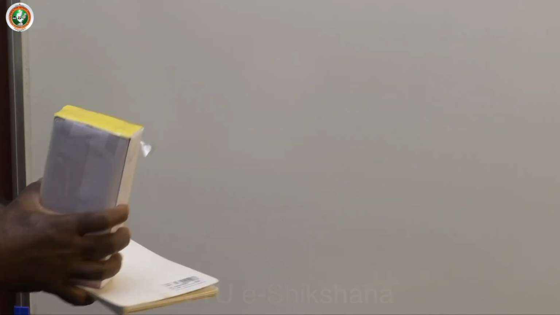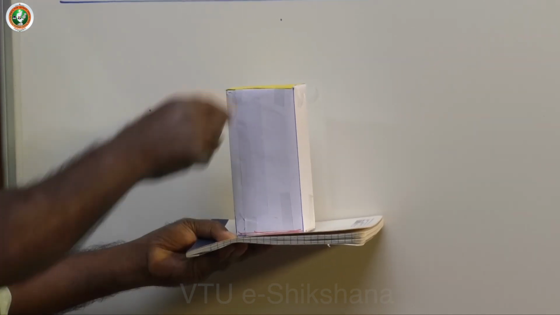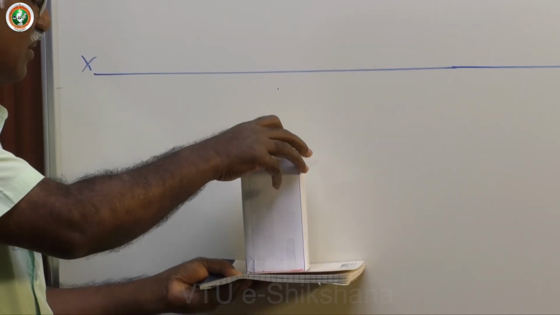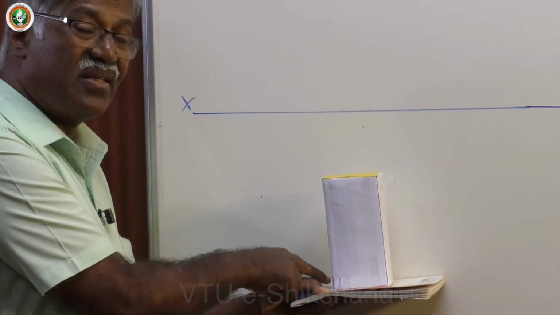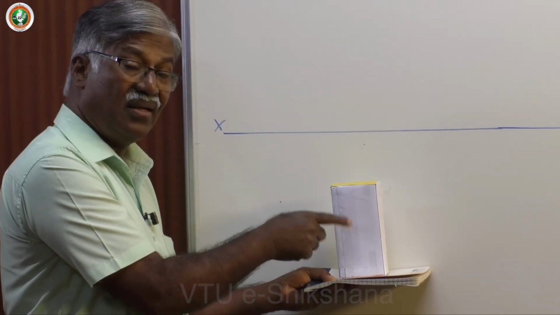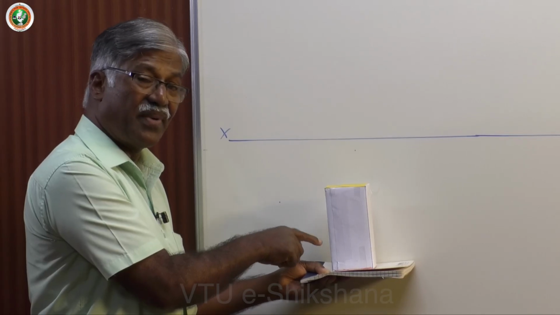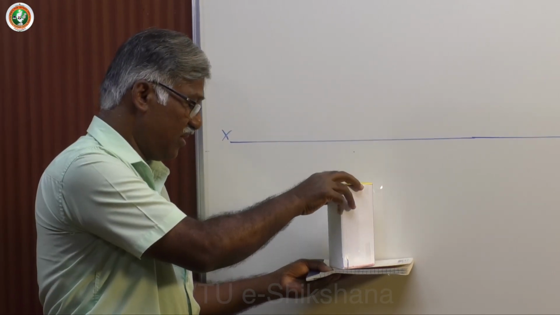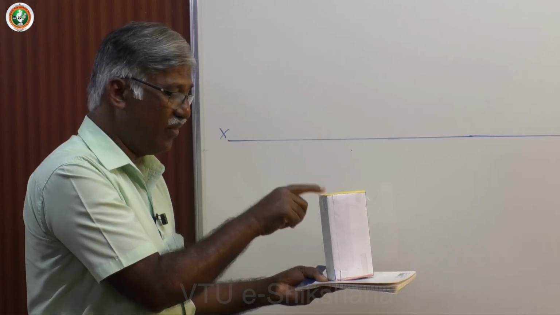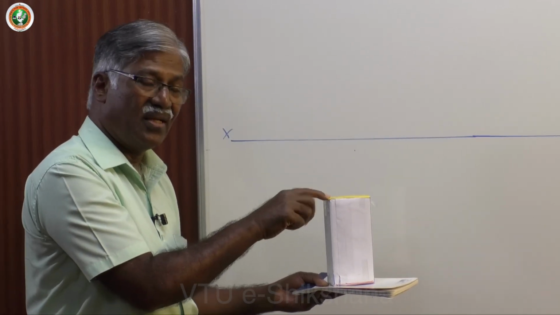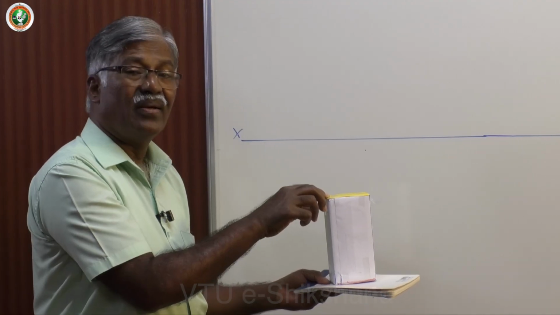Actually this is the VP HP condition, and this is the standard position. Two larger lateral faces parallel to VP, or one of the lateral faces parallel to VP, or this can be the situation. So here this is also 30, naturally the one on the backside of this is also 30. So in this situation you have to start working the problem.